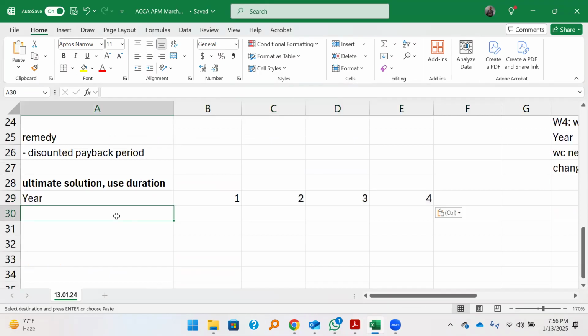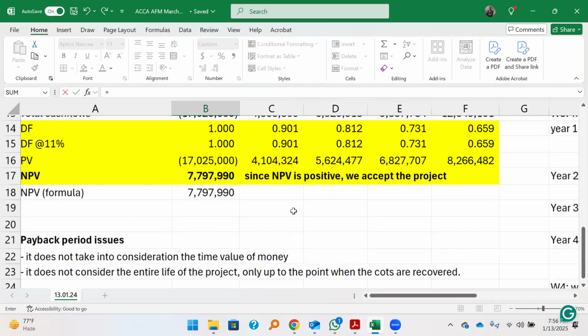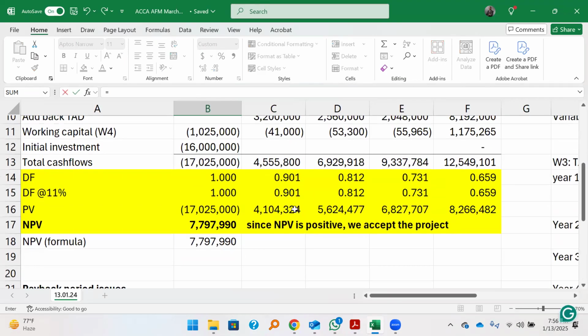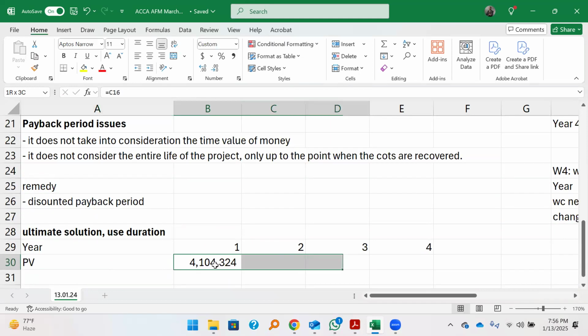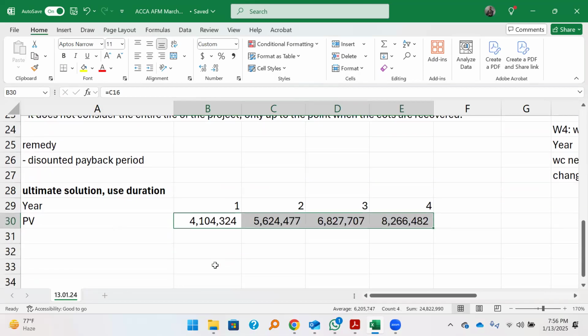Then you bring the present value of those cash flows. So now this is where you would maybe need to do present value this way, because I want to get the present values. If you use this formula, you now have to calculate them, which is still okay, doesn't hurt. But these are the present values of the cash flows from year one to year four.